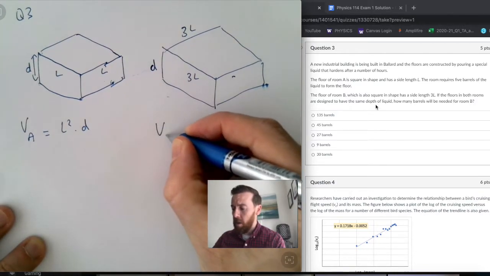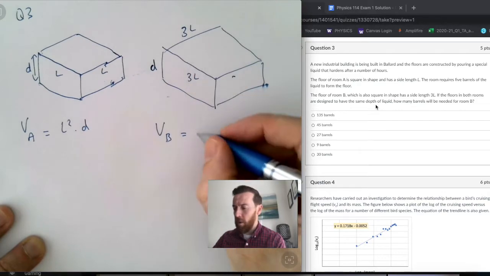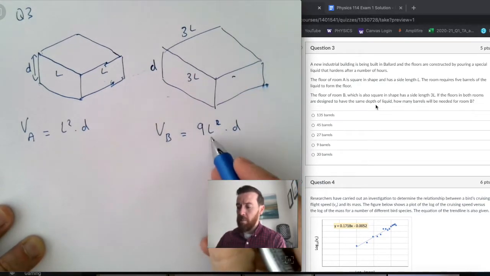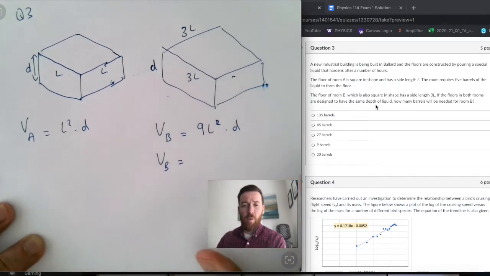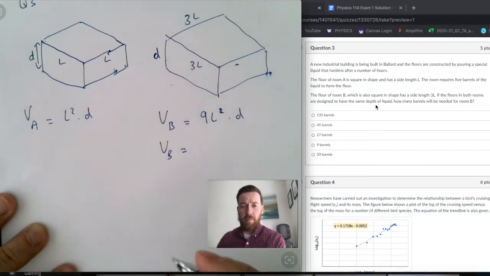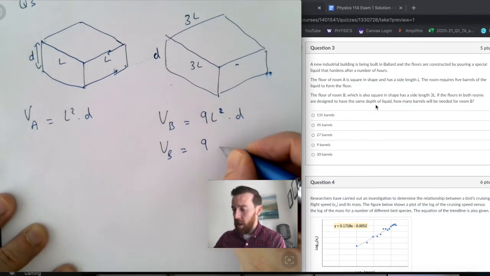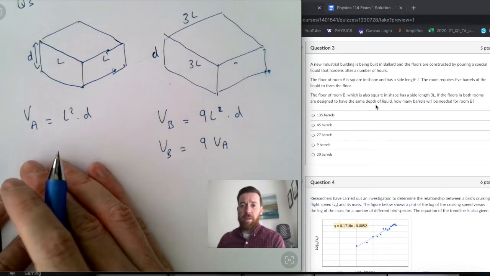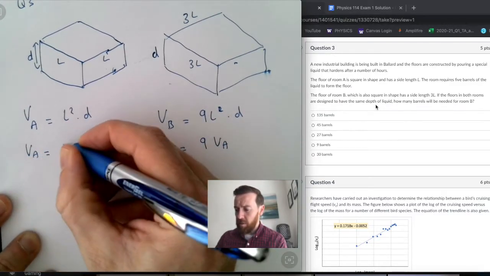So the volume of floor B is 3L by 3L, which is 9L squared times D, which means L squared D is the volume of A. We need 9 times more volume to pour the floor for room B. So this is 9 times the volume of A. Now we're told that A requires 5 barrels of liquid, so the volume of A is equivalent to 5 barrels.